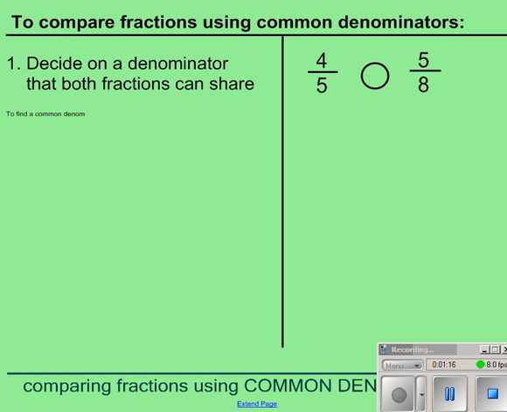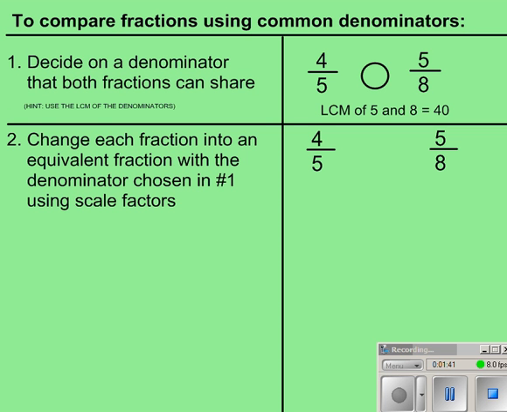So we are going to start with common denominators. When you're using common denominators, it's exactly what we talked about. You can do quick common denominator, or you can do making your list of least common multiples to find it. So first of all, you have your 2 fractions. You need to decide on a denominator that both fractions can share.